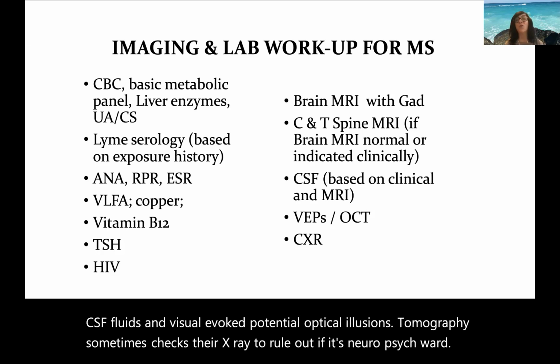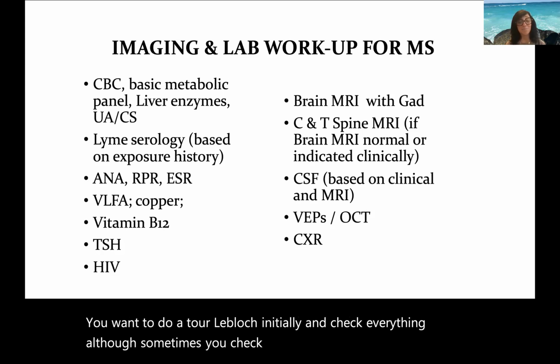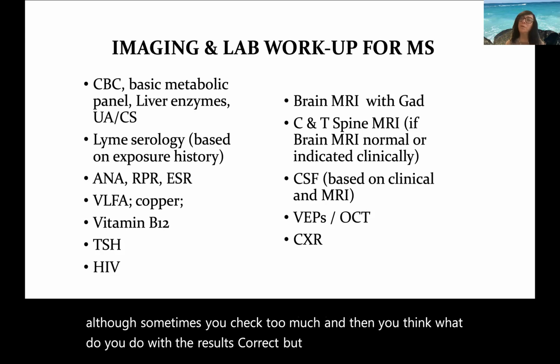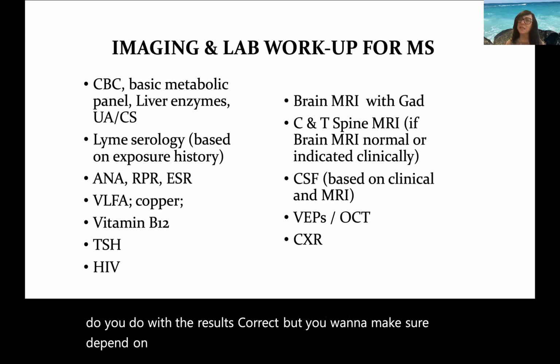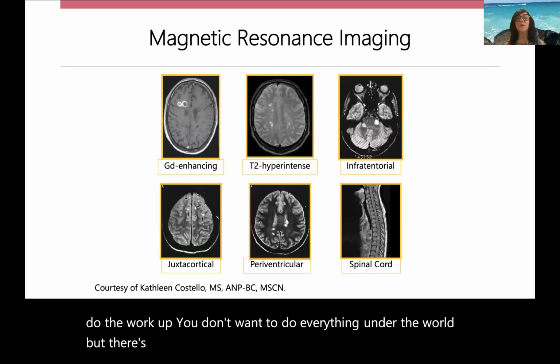You want to do a thorough lab work initially and check everything, although sometimes you check too much, and then you think, what do you do with the results, correct? But depending on the symptomatology and the clinical presentation, you do the workup. You don't want to do everything under the world, but there are certain things that you want to include every time.